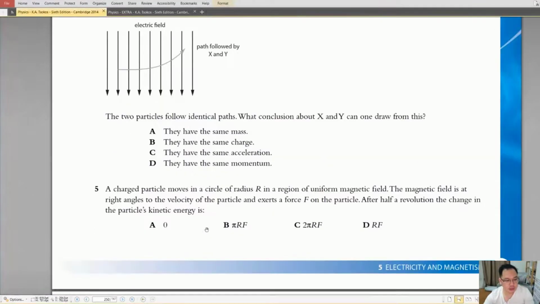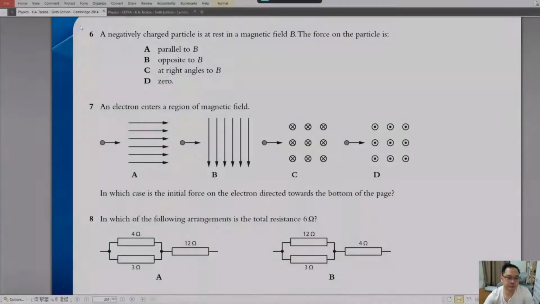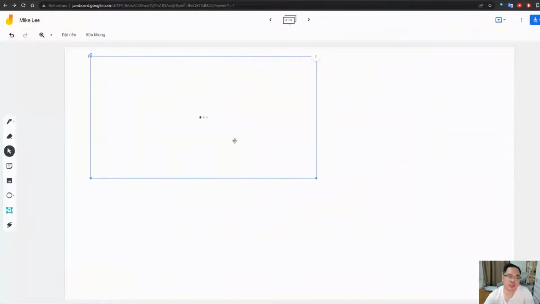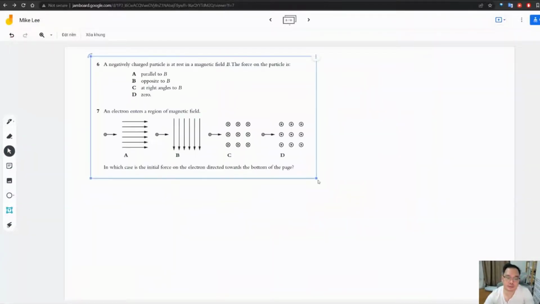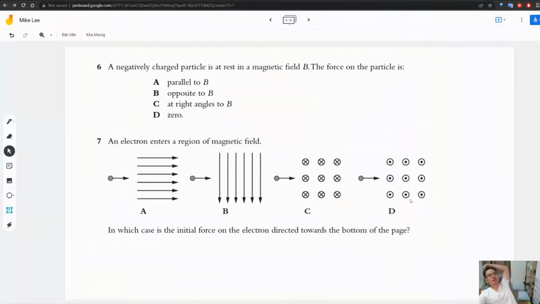The next question below here, about the force on charged particles. A negatively charged particle at rest in a magnetic field, the force on it is... A. No, it is here.